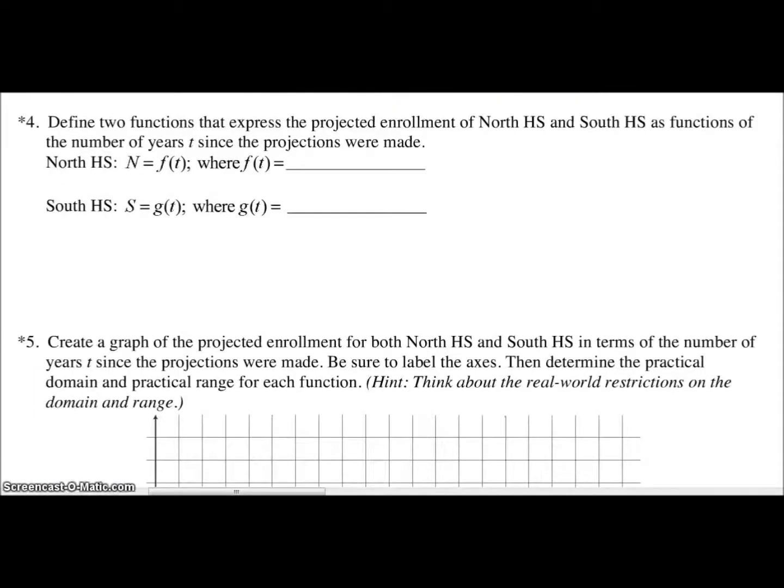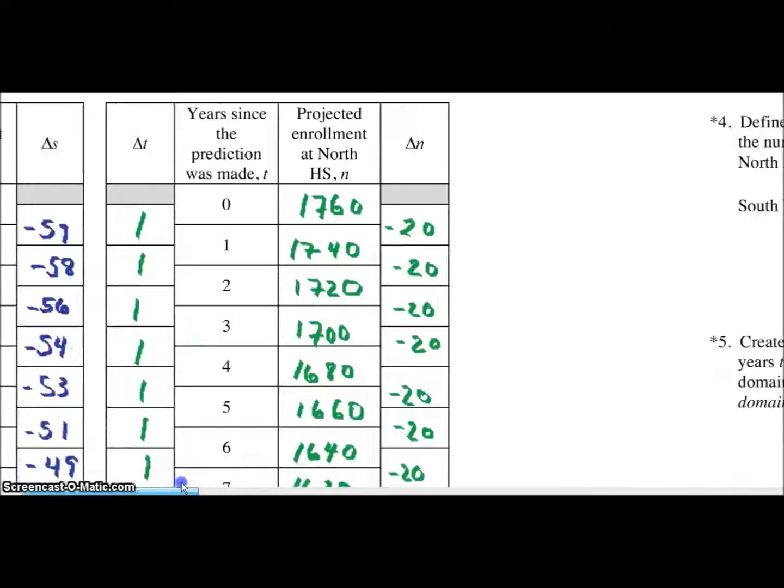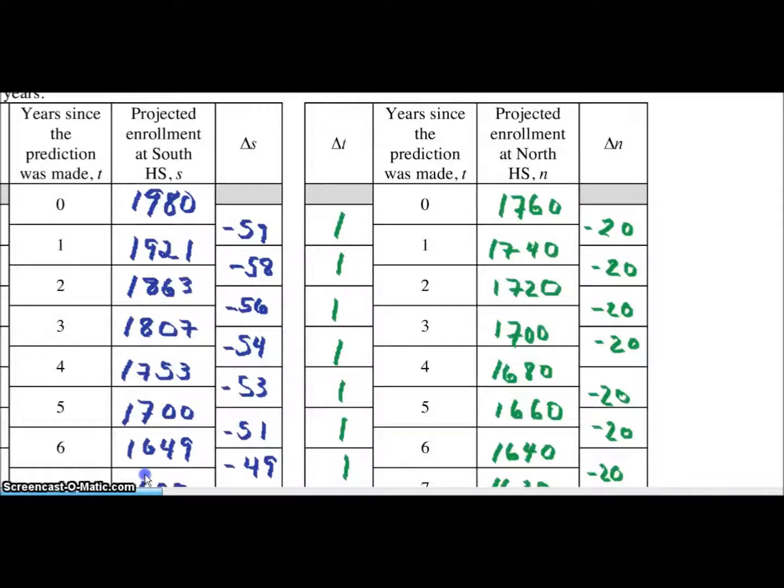Number 4. Define two functions that express the projected enrollment of North High School and South High School as functions of the number of years since the projections were made. North High School, n equals f of t, where f of t equals, well, which one was north? North was the one with the constant rate. That's a linear function.